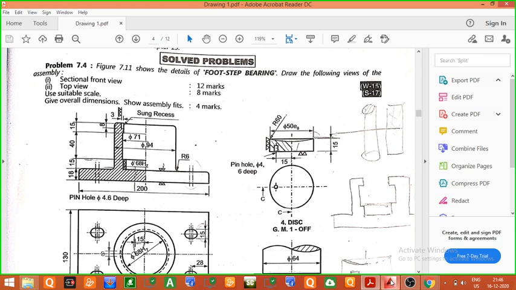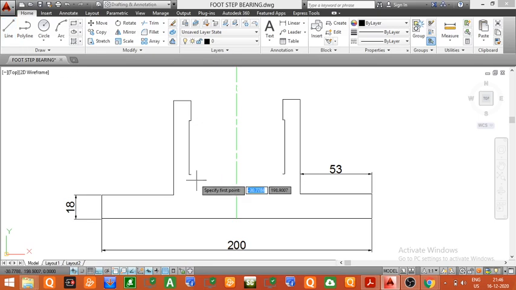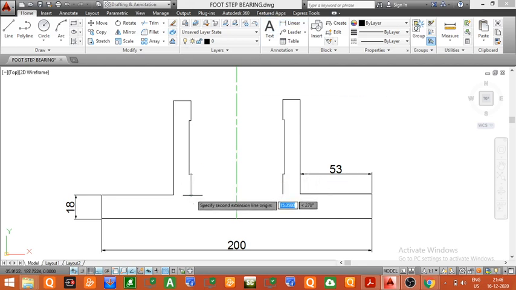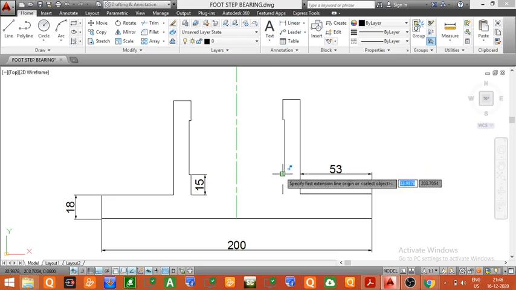So now we will draw a vertical line in downward direction of length 15 mm from this point. So 15. Again from this point we will draw a line in downward direction of length 15 mm. So I will give a dimension. You can see here this is 15 mm, and this line is again of length 15 mm. So now we have drawn a vertical line in downward direction of length 15 mm.